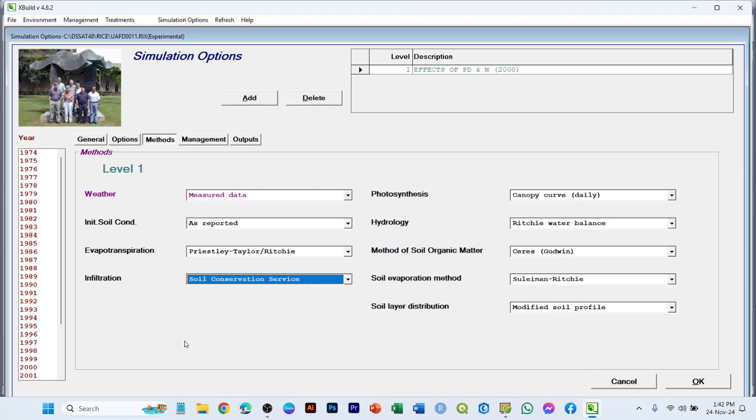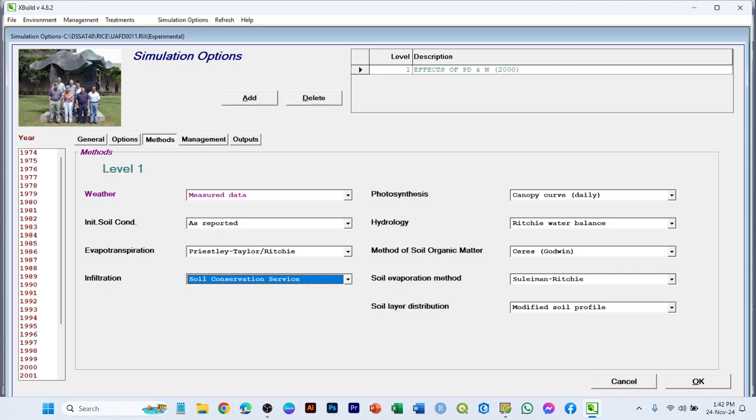So this is basically the simulation option, the complete rehearsal of what you have done, right from the initial condition till treatments. This is verification basically, that you have done this.